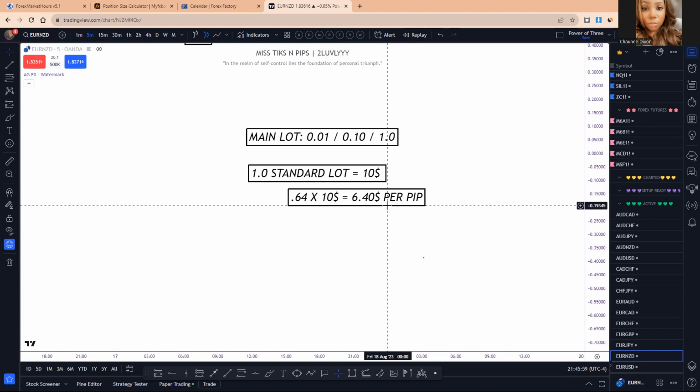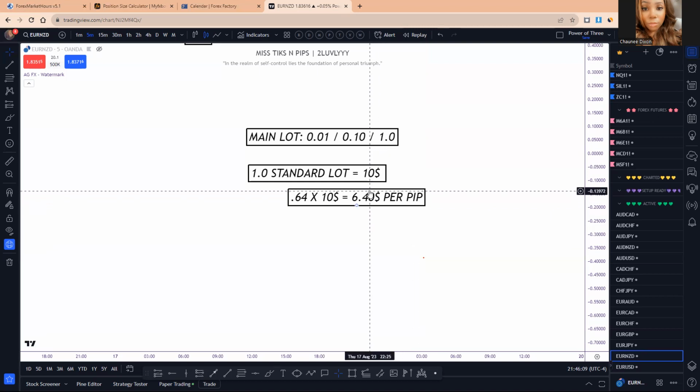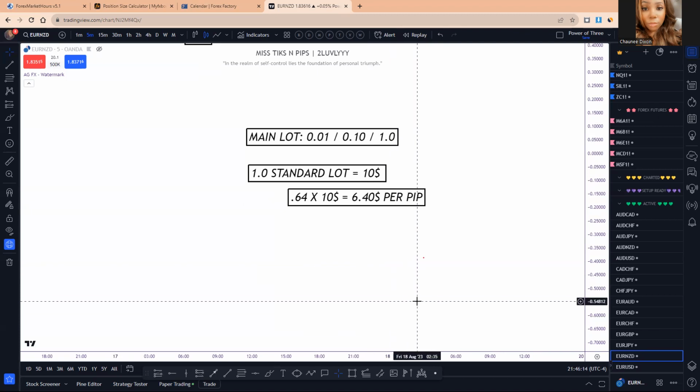If you trade anything like an exotic, a minor, any of those, you're going to have to use a calculator for that. You're going to have to use a position size calculator, which I have listed in resources and I went over in our risk management video.